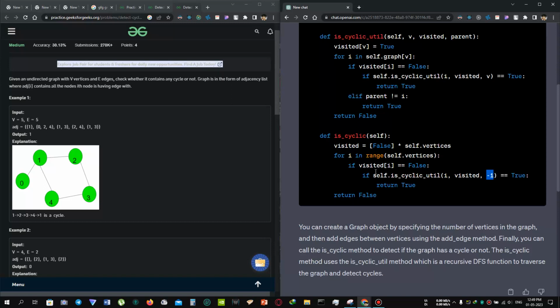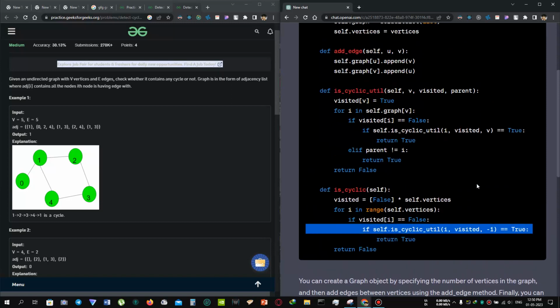So if this function returns true, then we will return true. The reason for that could be that there was a cycle, that is why we return true, or else false. Let's see how this function works.